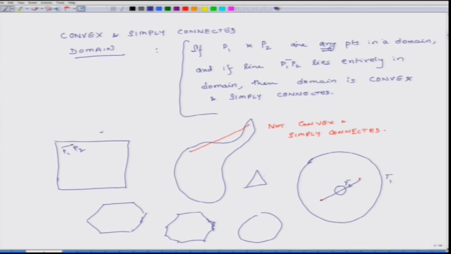But the moment you have something non-convex, see here all the angles are less than 180 degrees, but if you have one angle like this that is not less than 180 degrees, because of this you cannot say that this will be simply connected.